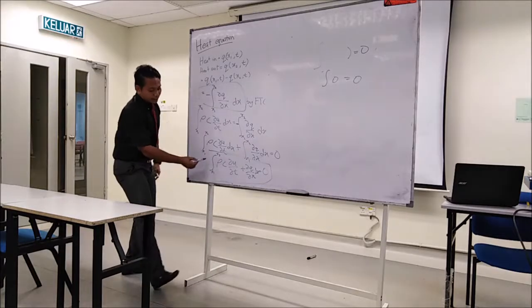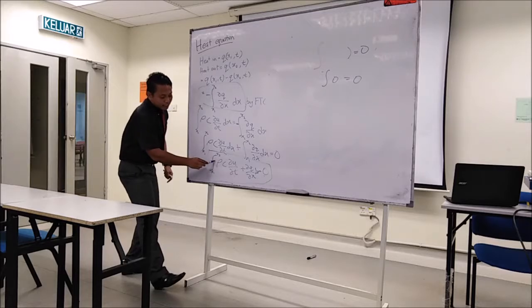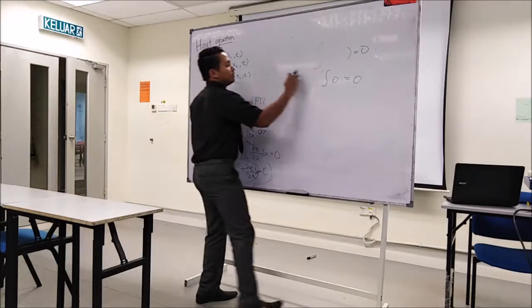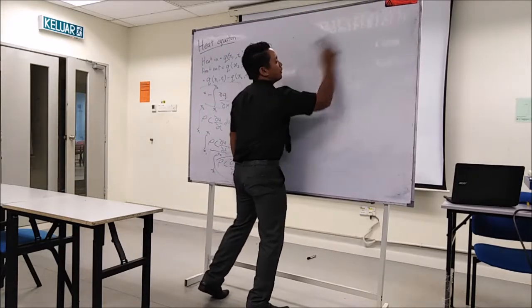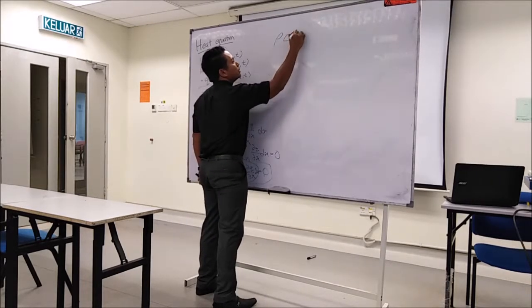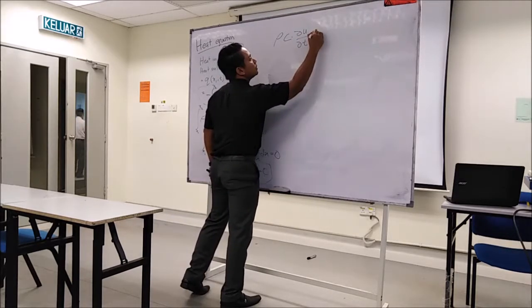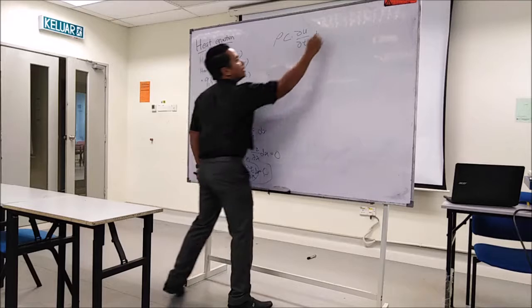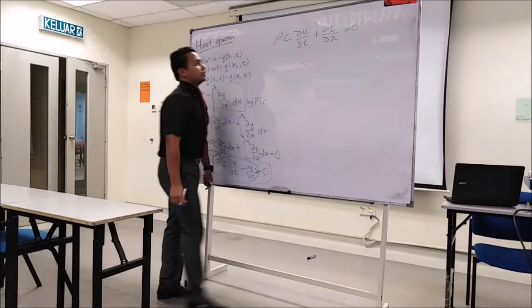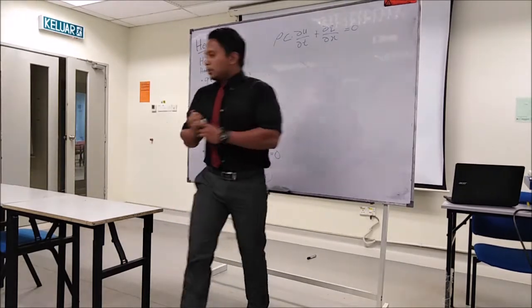So now we have rho C del U over del T plus del Q over del x equals 0.